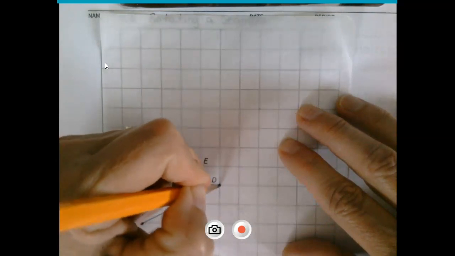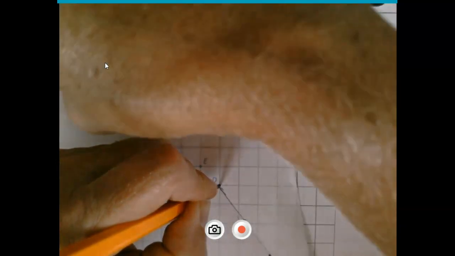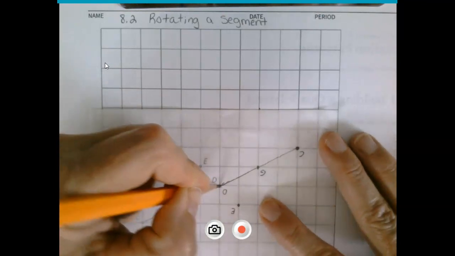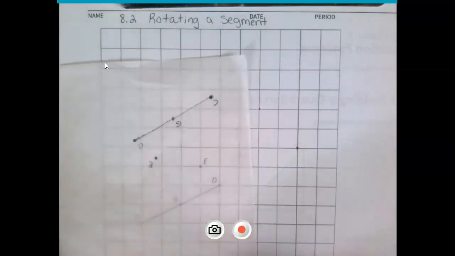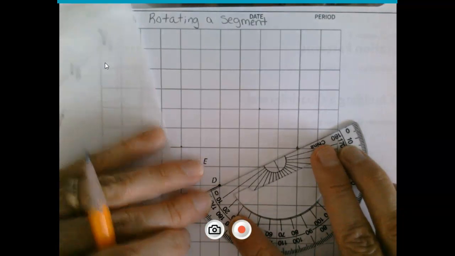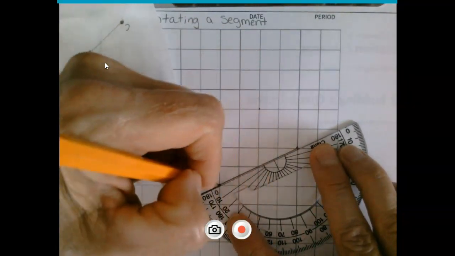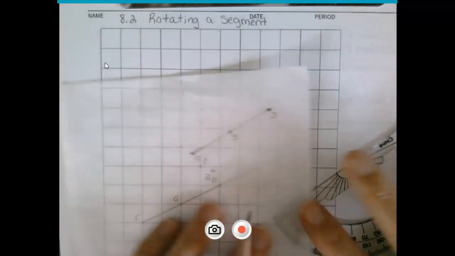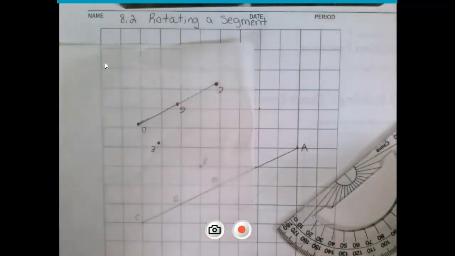So we're going counterclockwise this time, and this is going to be 90 degrees and 180 degrees. Do you see what happened? It landed in the exact same spot as the other. And because it did that, I'm going to go ahead and connect our point with my protractor or straight edge, and then I'm going to label that. It says to label C as A, so I'm going to put an A there, just like it said to do.